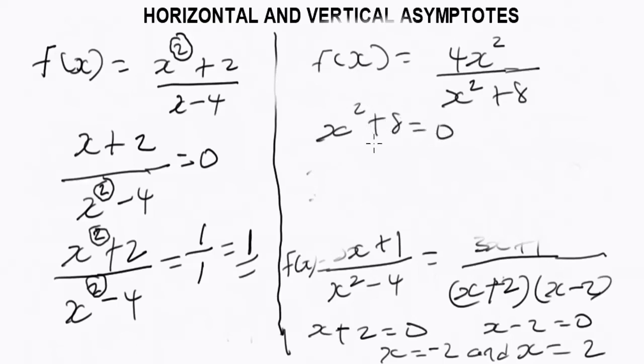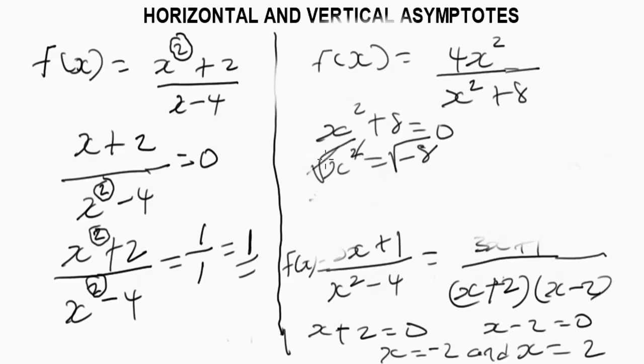Now let's check. I think this function won't have a vertical asymptote, but let's see if we're going to get a value. If we're not able to get a value, that means the function doesn't have a vertical asymptote. So let's make x the subject of the formula: x squared equals -8. To make x the subject, you take the square root of both sides.